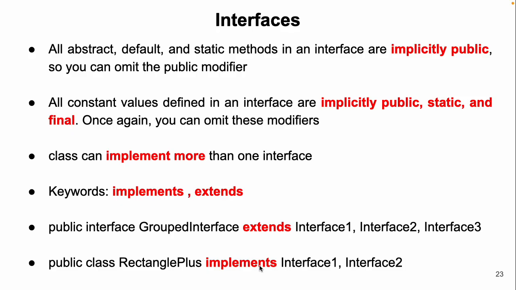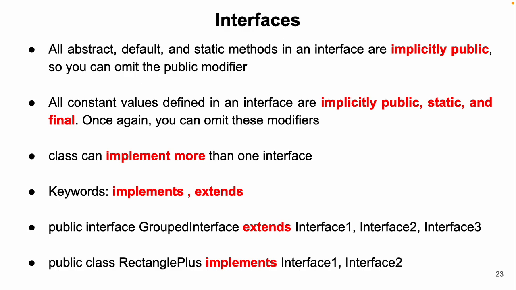Normally in interviews they will ask whether Java supports multiple inheritance. There is a concept called multiple inheritance, which means we inherit properties from more than one parent. In Java we cannot implement multiple inheritance through classes.